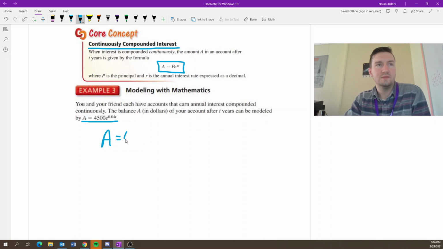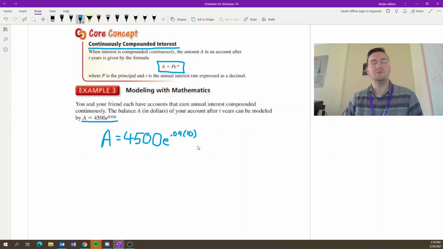So our A is going to be 4,500 times e to the 0.04 times 10 years. Forgive my handwriting, since I'm writing with a mouse. Our t is the number of years that we leave our money in this account.